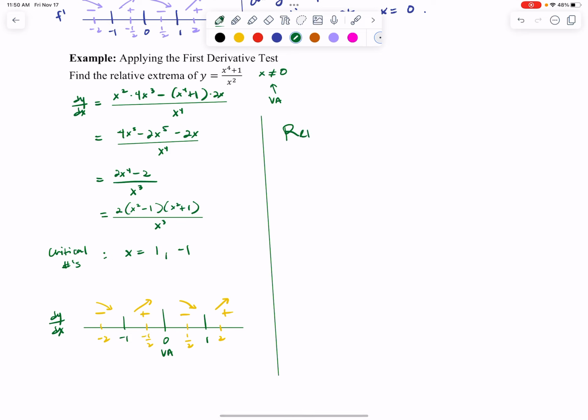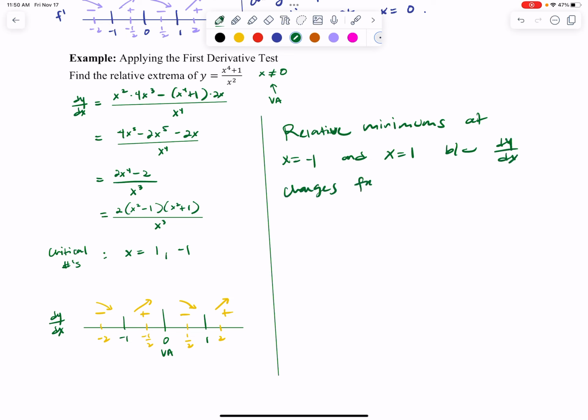So there's relative minimums at x equals -1 and x equals 1 because dy over dx changes from negative to positive at these values, or at x equals -1 and x equals 1.